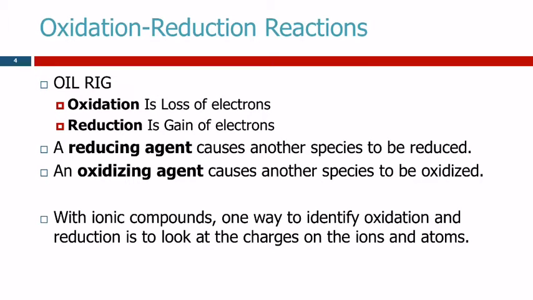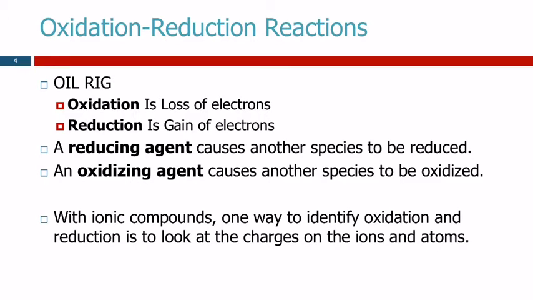I wish I didn't have to tell you about that, but that's what it is. So just think about movie stars and remember, oh no, it's backwards, okay? The reducing agent gets oxidized. The oxidizing agent gets reduced, because the oxidizing agent arranges for something else to be oxidized.